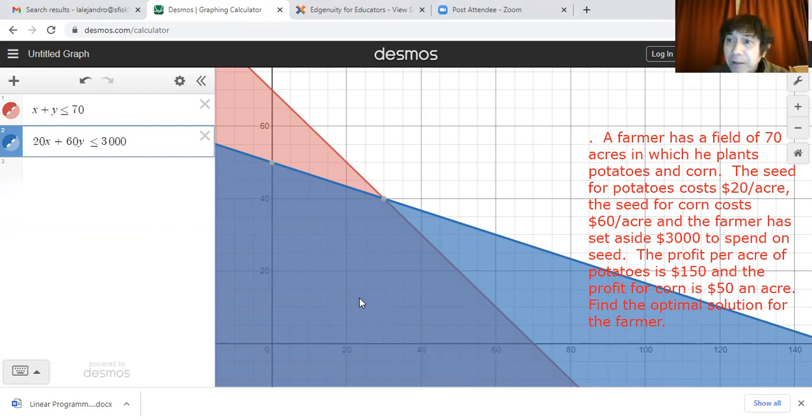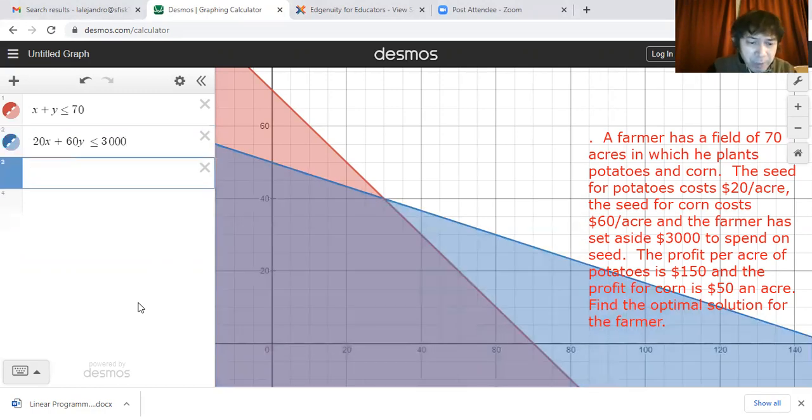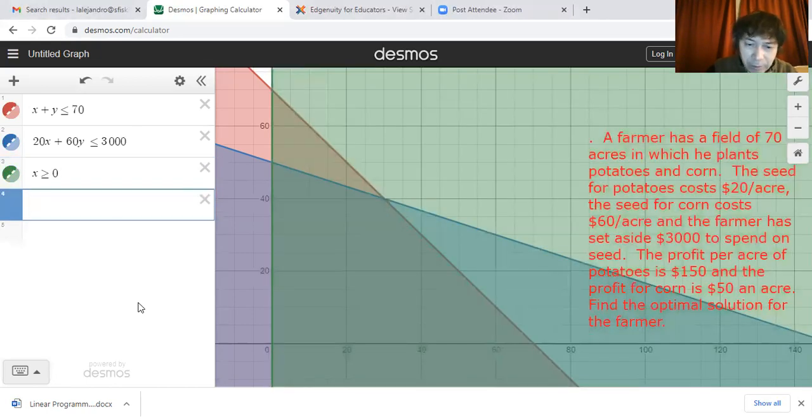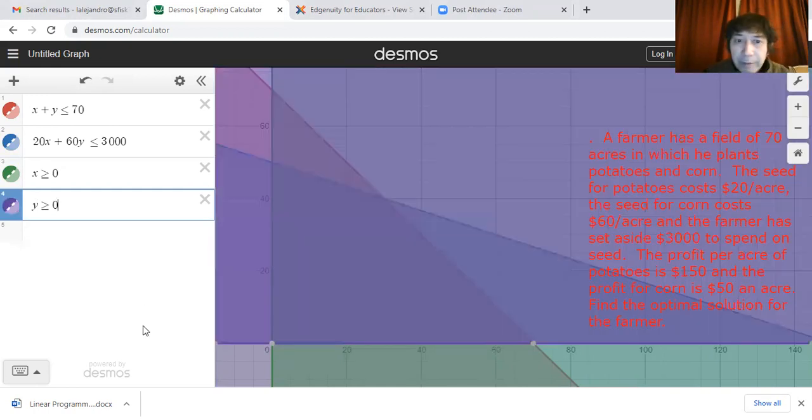Okay, we don't forget the area in acres cannot be negative. So again, we will still have to make use of X acres greater or equal to 0. Also, Y acres for the corn greater or equal to 0. Okay, these are our constraints.